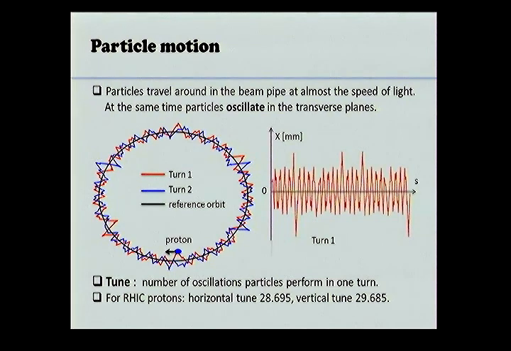The vertical tune for RHIC protons is 29.685. You can say the tunes have two parts: the integer part, integer tune, and the fractional tune. For a stable particle motion, the fractional part of the tune cannot be some rational numbers.